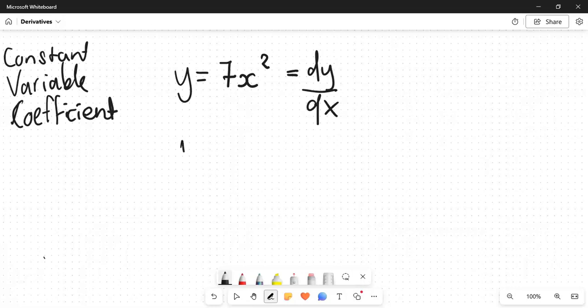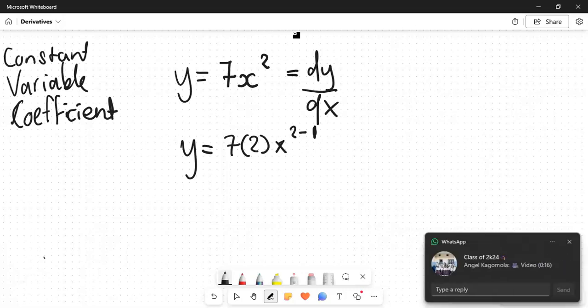So, to this function, you see, 2. We're gonna have to bring it below, so it will be 7 times 2, and x is 2 minus 1. So the derivative, you have to bring the power below, and at the same time subtract by 1.